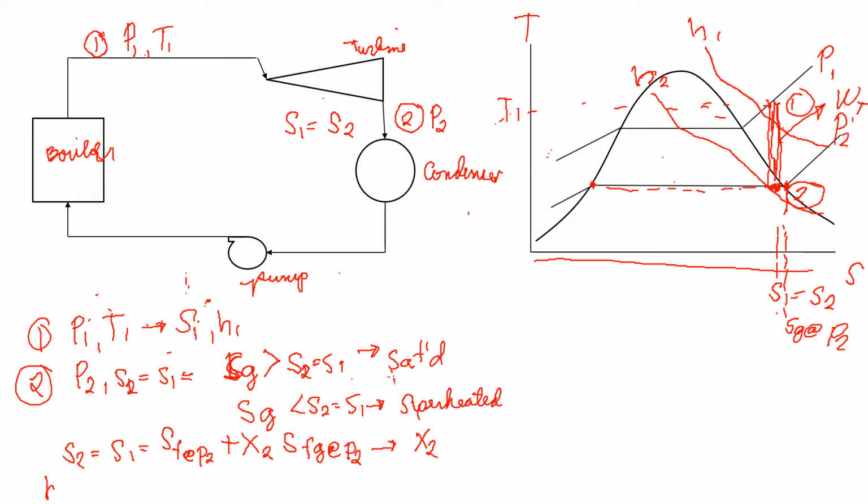Therefore, your H2 is equal to HF at pressure 2 plus X2 multiplied by HFG at pressure 2. Okay? So you can find the work by H1 minus H2. Okay?